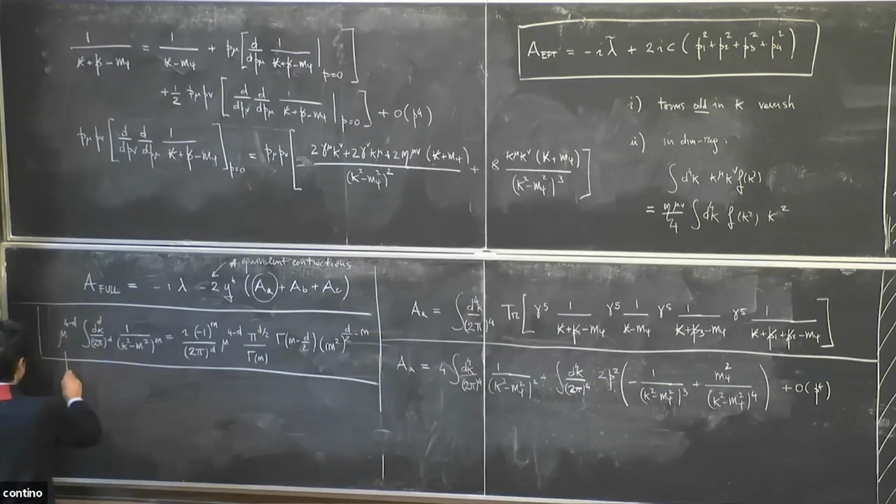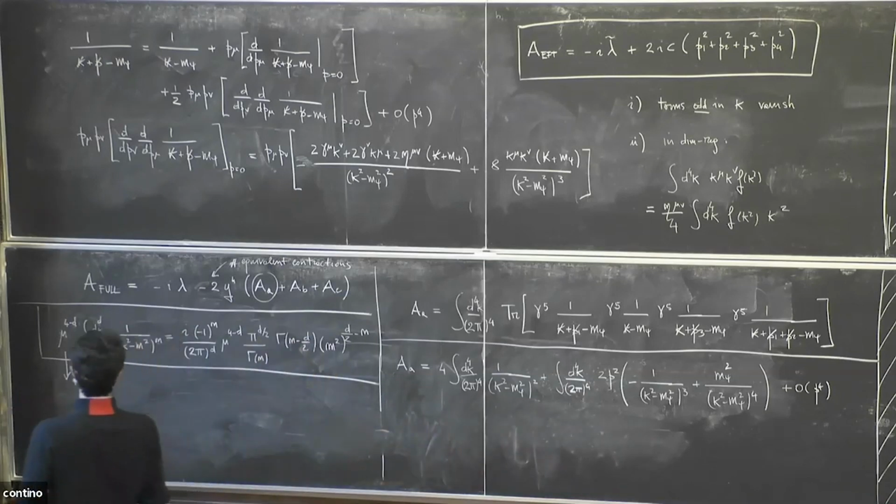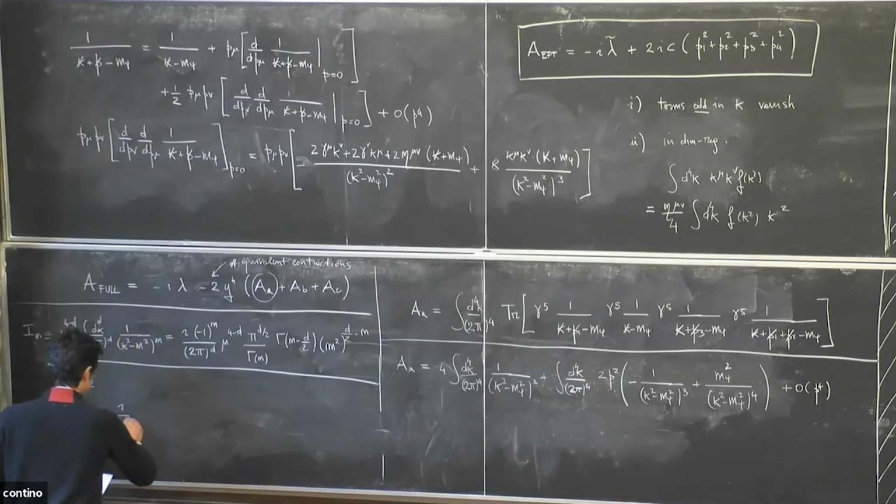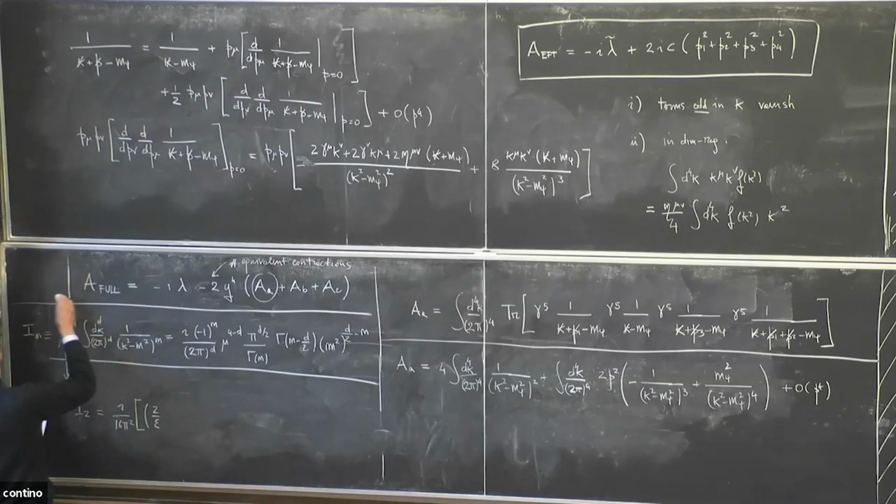So in particular, this gives for n equal to 2, which is the case for the first integral, the following. Let's call this I of n, okay? Then it gives you I of 2 equal to i divided by 16 pi squared, which multiplies 2 over epsilon, where epsilon is defined, let me write it here.